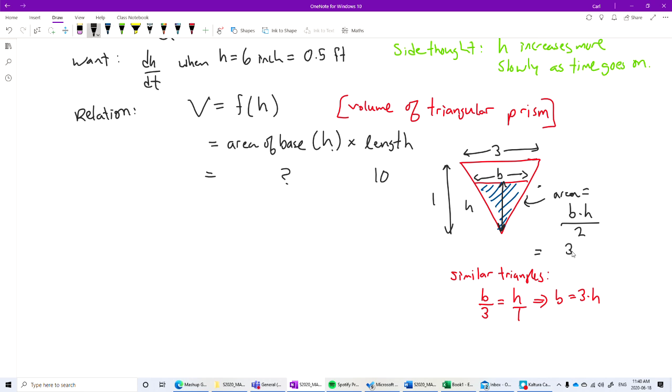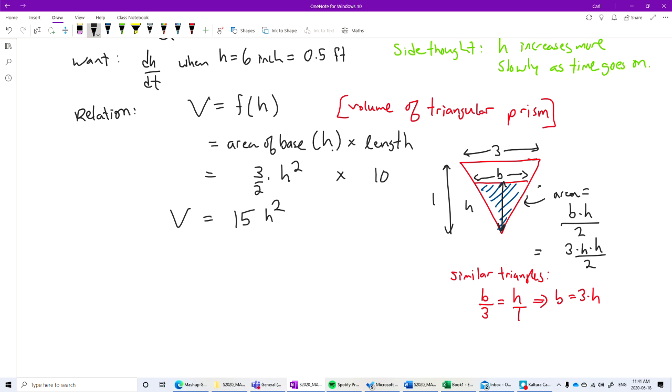Base is 3 times the height. And now I have my formula for the area. So that is going to be 3/2 times h squared times 10. Let me combine those. That'd be 15 h squared. That's the volume as a function of the height.